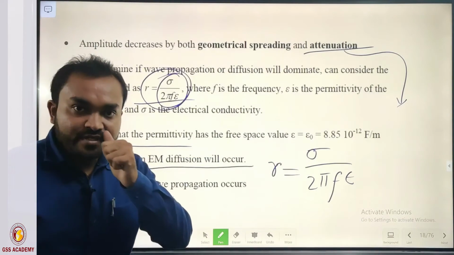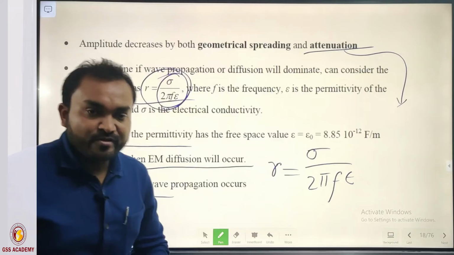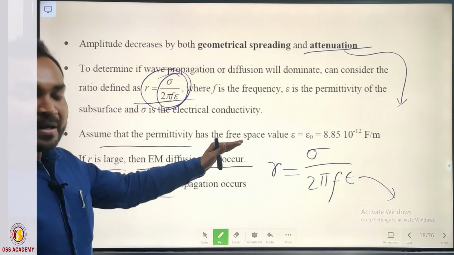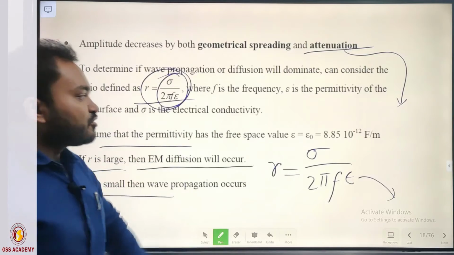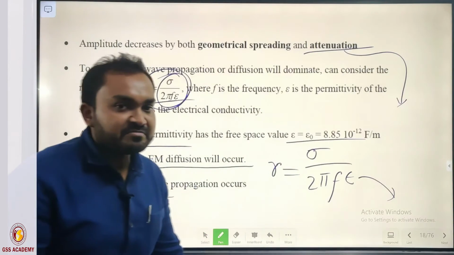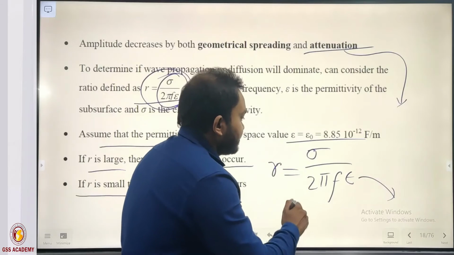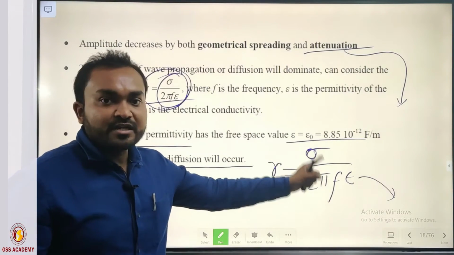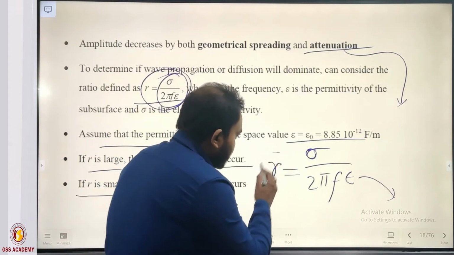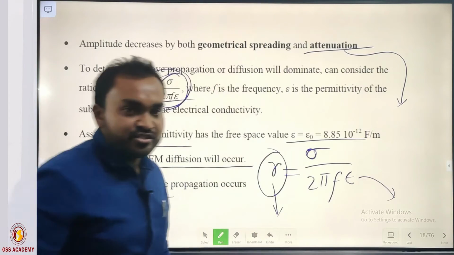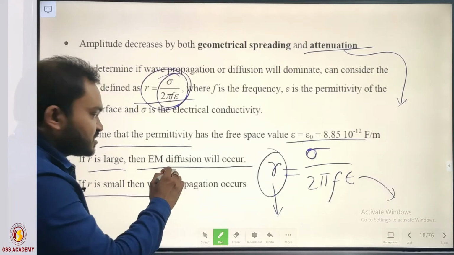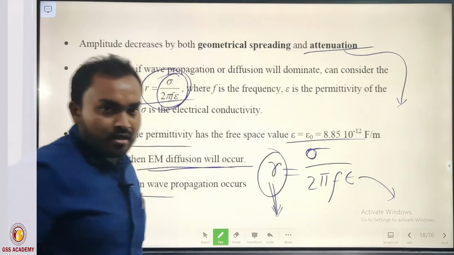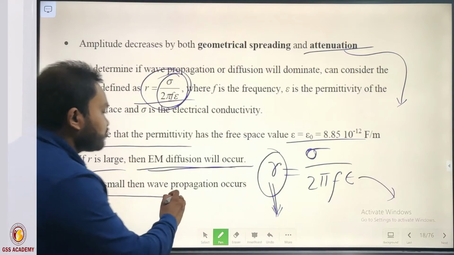Sigma is your conductivity, f is your frequency, and epsilon is your permittivity. If we consider epsilon equal to free space permittivity, then sigma and frequency will vary. If this R is large, your electromagnetic diffusion will occur. If this R is small, wave propagation will occur.